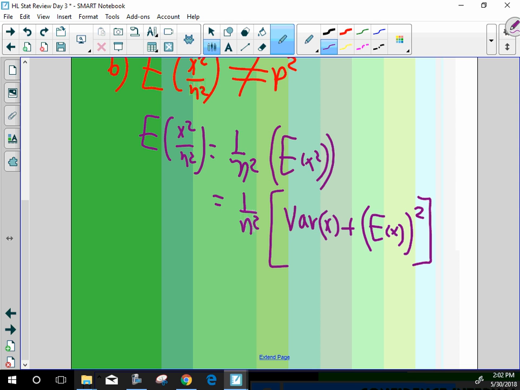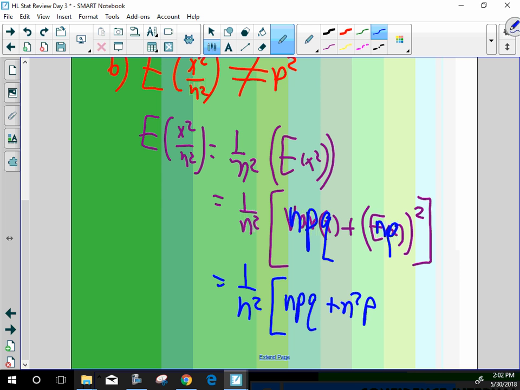But not really, because for a binomial, what's the variance of X equal to? NPQ. And what's the expected value equal to? NP. All right, so you're going to get 1 over N squared times NPQ plus N squared P squared.